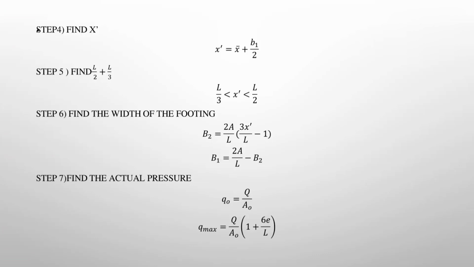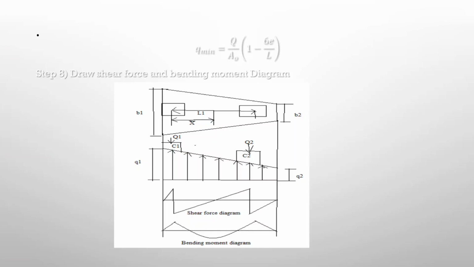Next step is to find the actual pressure, that is q0 equal to capital Q divided by A0. Here Q max equal to capital Q divided by A0 into 1 plus 6E divided by L, and Q minimum equal to capital Q divided by A0 into 1 minus 6E divided by L. After the actual pressure, the next step is to draw the shear force and bending moment diagram.